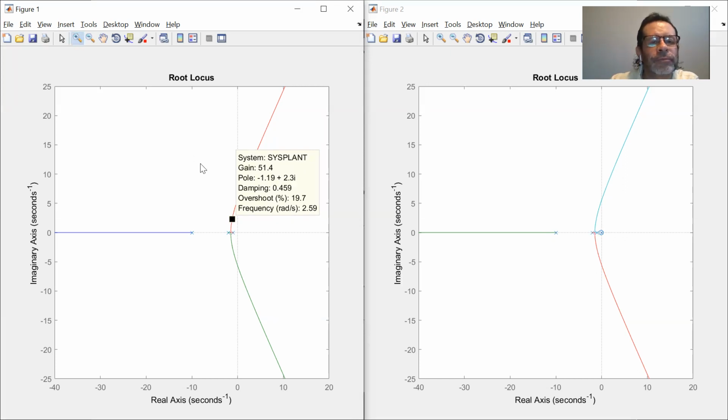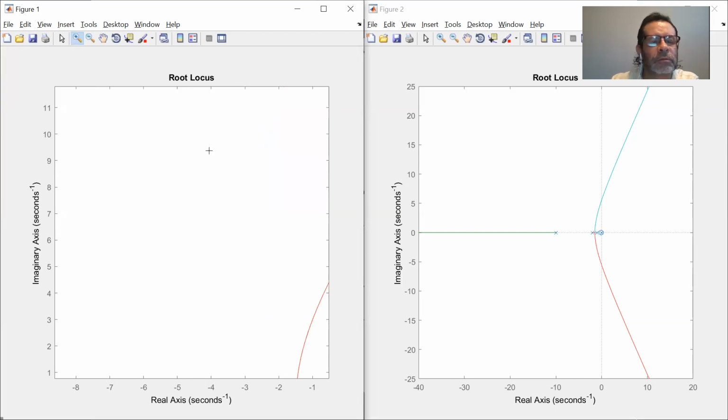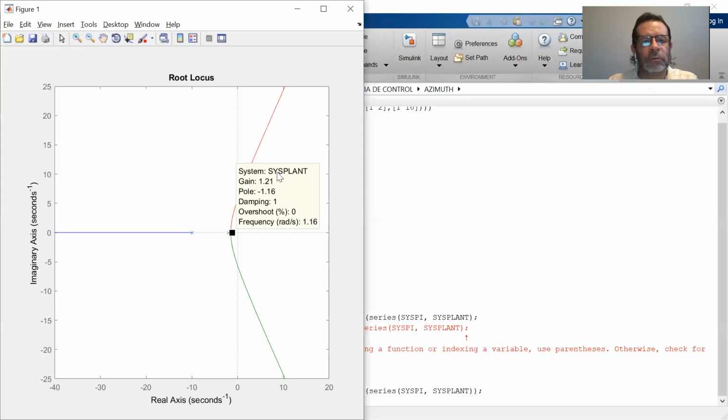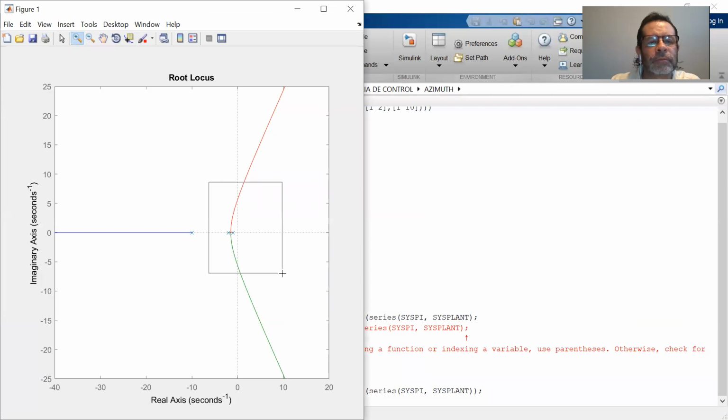Let me do a zoom here. Whoops, I think I went too far. Let me first delete this one. And I'm going to do a zoom on this section.